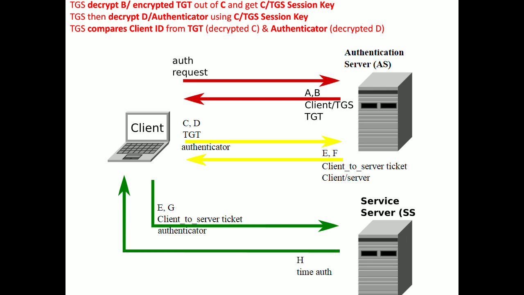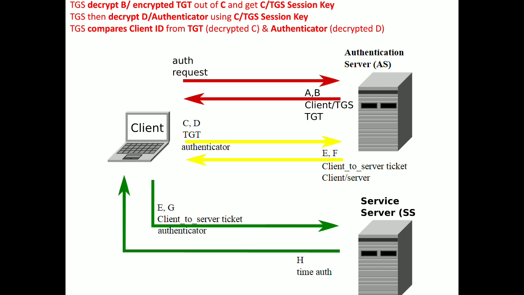So the TGS then decrypts the encrypted TGT, or message B, and it gets the session key, and then it will decrypt the authenticator using that session key of client to TGS. So now this session key is known to the TGS because it has decrypted the TGT, and this TGT contains this session key.